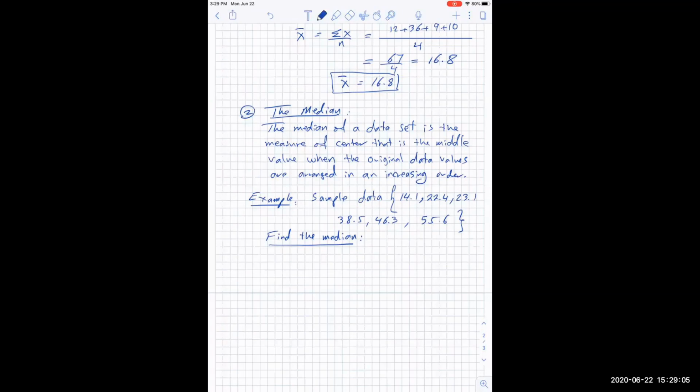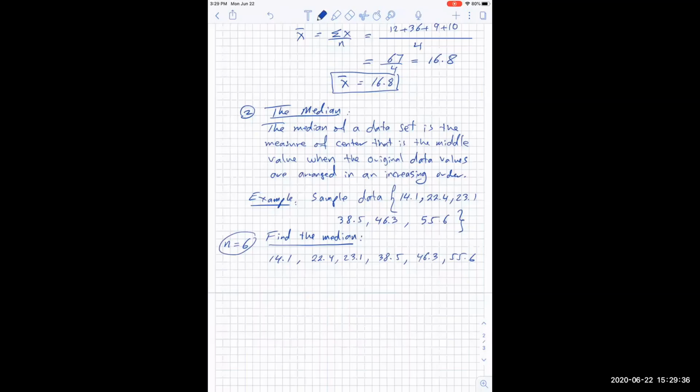Next, I count how many values I have. So let's put them here: 14.1, 22.4, 23.1, 38.5, 46.3, and 55.6. My sample size is 6.